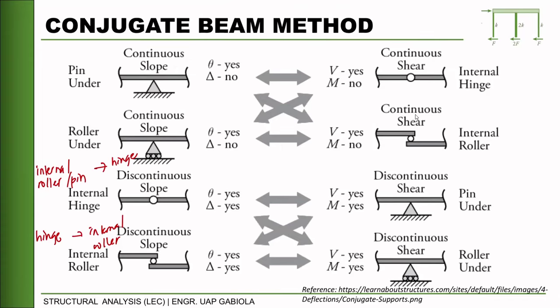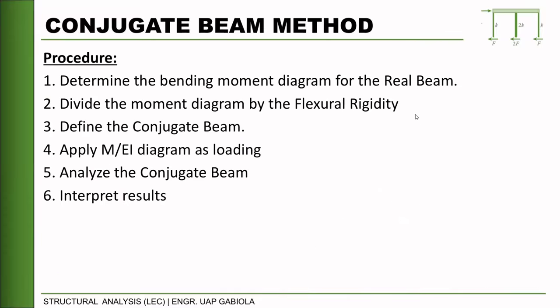So let's have the procedure. First, determine the bending moment diagram of the real beam. Then divide the moment diagram by the flexural rigidity. We need to do this because some beams don't have the same value of inertia, or they have a different I or elasticity, so always check.